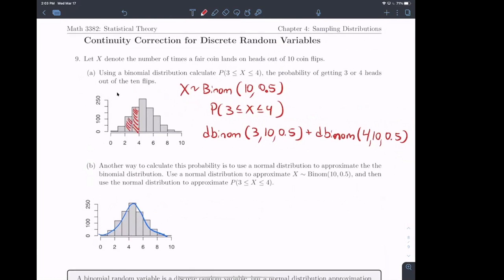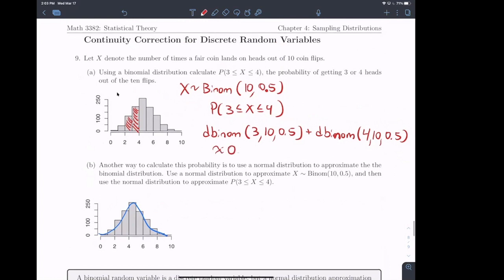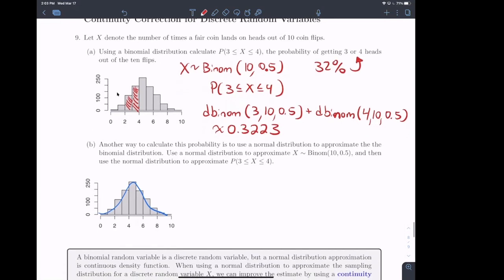Sorry, I think I shaded in 4 before. So that would be the 3 and the 4 shaded in right there. We could calculate this in R, and if you've got a terminal open, you can verify that this should come out to 0.3223. So in other words, from the binomial distribution, there's about a 32% chance that we would get exactly 3 or 4 heads. Any questions about that?